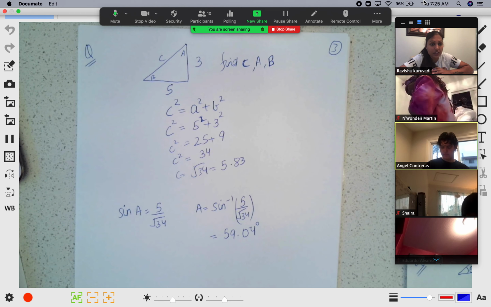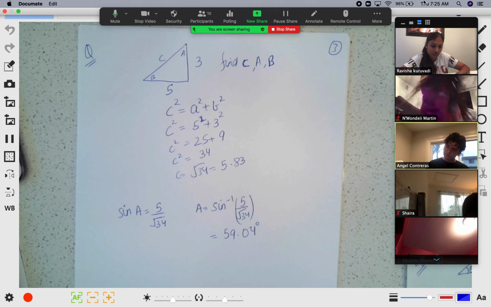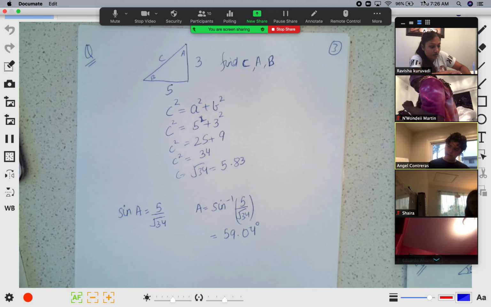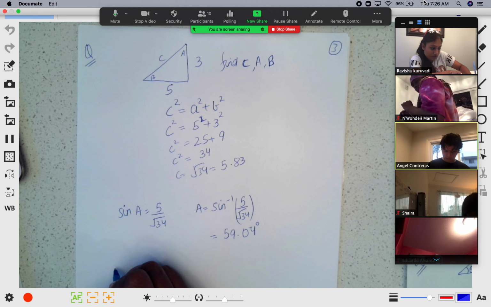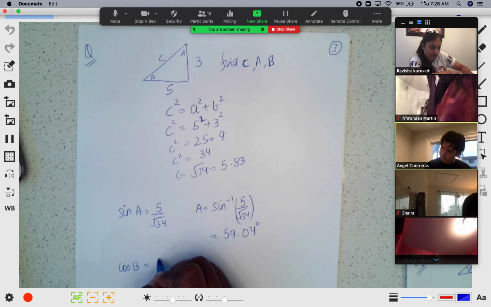How do you find your B? We do cosine B equals adjacent over hypotenuse. What's adjacent to B?